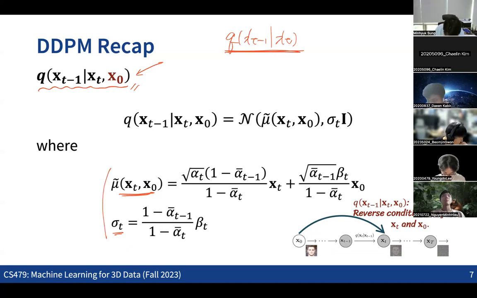Also, the mean here was defined as a linear interpolation between the xt and the x0, and the covariance is defined based on the parameters that we defined.